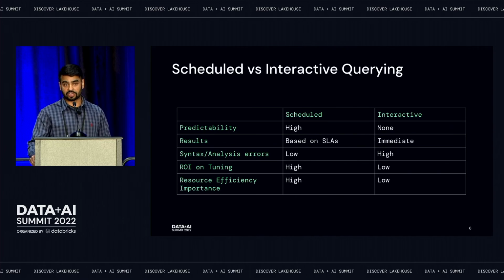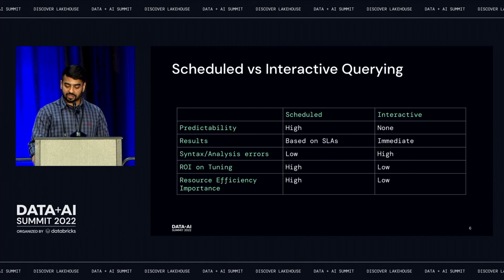You want your scheduled queries to finish within a certain time, but there's no human sitting in front of the computer and waiting for a scheduled query to finish, which is usually what users do in interactive querying. Similarly, these scheduled queries are usually tested before they are deployed to production. And so the chances of you running into a syntax error or analysis error in your scheduled query is pretty low. Whereas in interactive querying, it's very common.